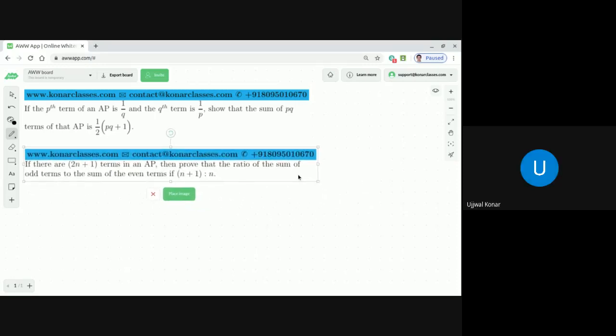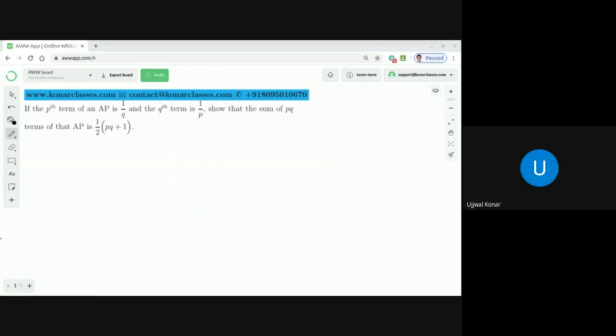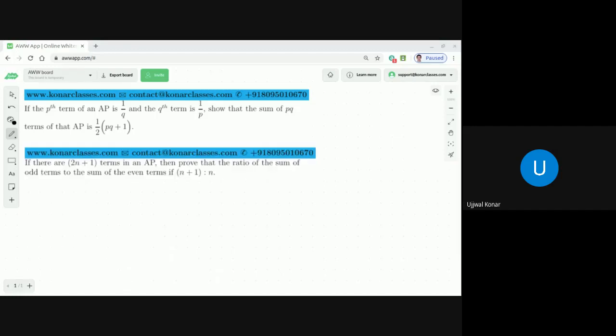This was the second question, dear students. Correct? Yes, sir. But are all of you able to do this? Sir, I didn't get it. Okay, let's discuss.